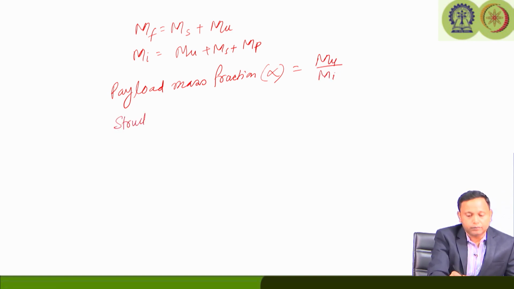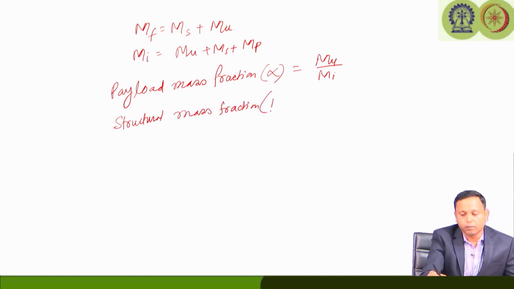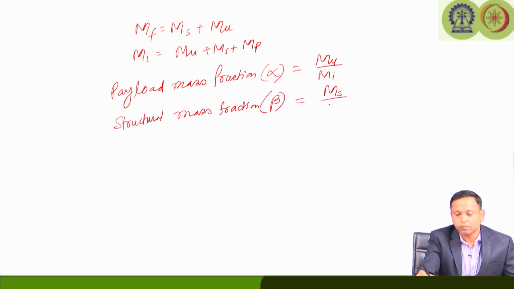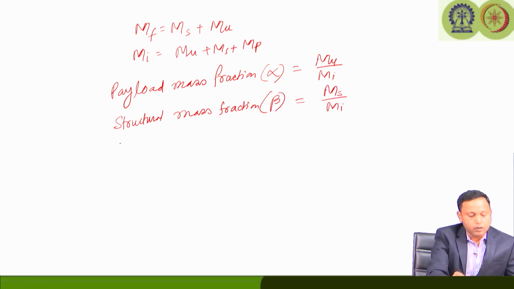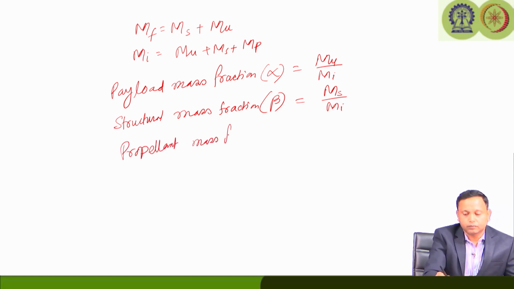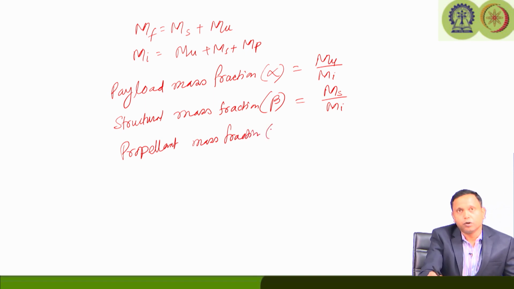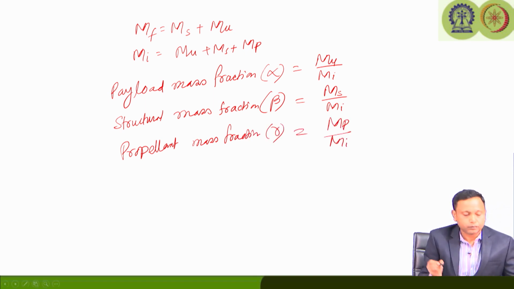The structural mass fraction, denoted by beta, is ms by mi. Then the propellant mass fraction, denoted as gamma, is mp by mi.